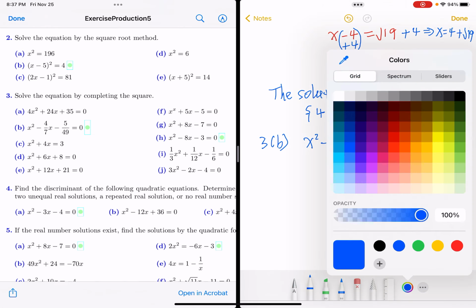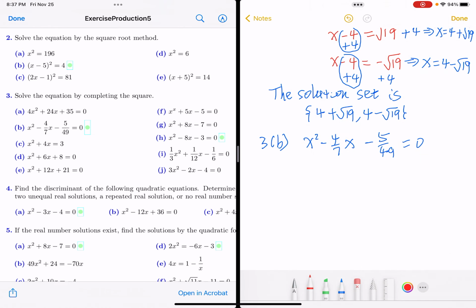So as we did before, we want to take this positive 5 over 49 to the right-hand side. So we have negative 5 over 49. Then the equation comes to be x squared minus 4 over 7 x equals negative 5 over 49.